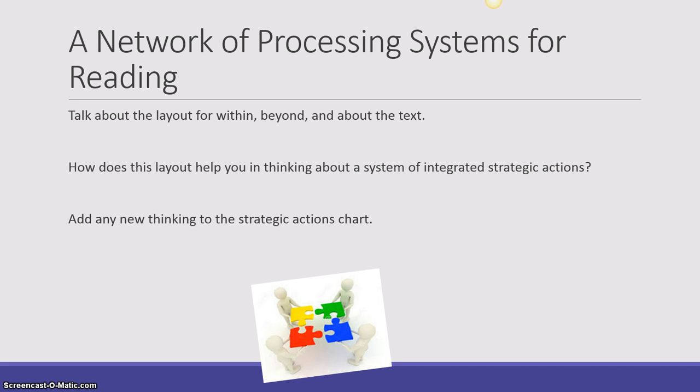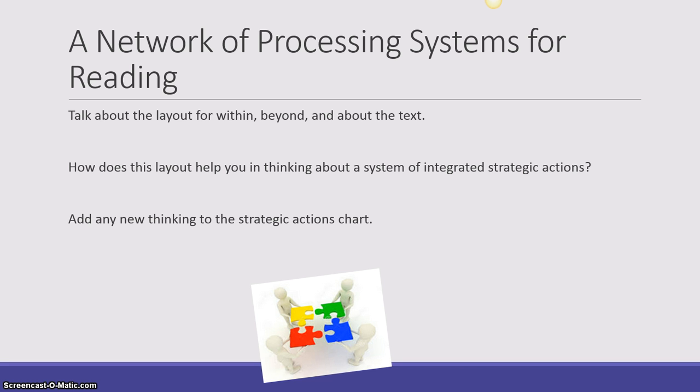A network of processing systems for reading. All right, get out your appendix that says a network of processing systems for reading. I want you to talk about this layout for thinking within the text, beyond the text, and about the text.